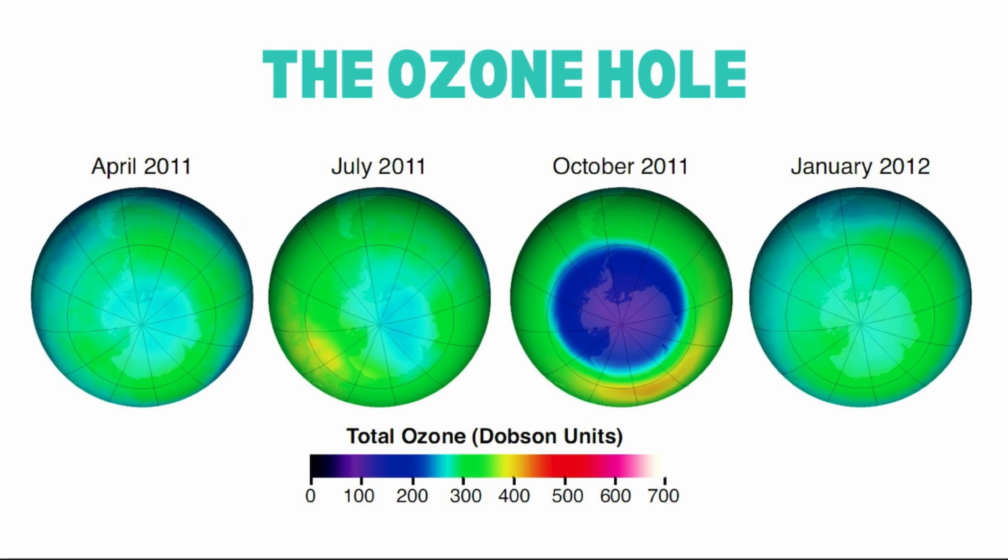At temperatures below minus 78 degrees centigrade, thin clouds made up of a mixture of ice, nitric acid and sulfuric acid form in the stratosphere. Chemical reactions on the surface of these ice crystals convert chlorine-containing compounds like HCl, which is harmless to ozone, into more reactive forms.